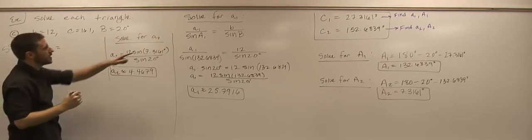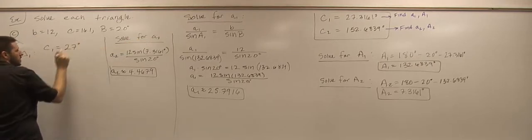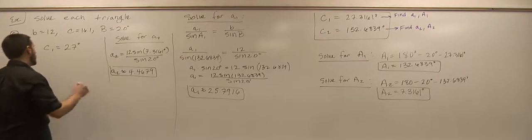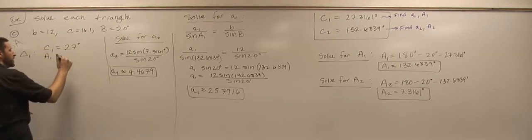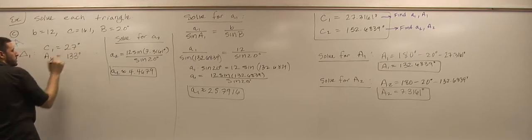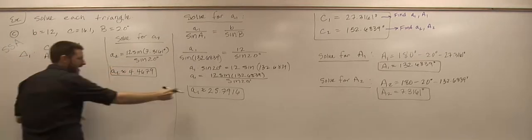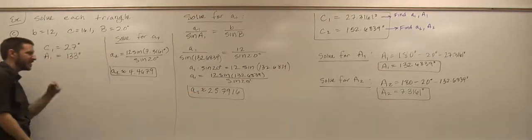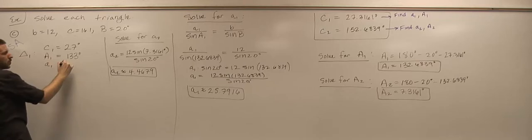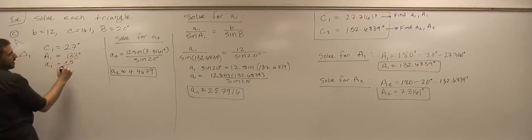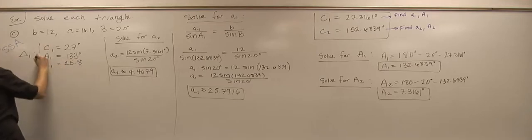Big C1 will be 27 degrees. Then I went on to get big A1, which is 133 degrees. And then I went on to get little a1, which, since it's a side length, I'm going to round to the nearest tenth, because that's what the instructions say. So little a1 will be 25.8. So this is for my first one.